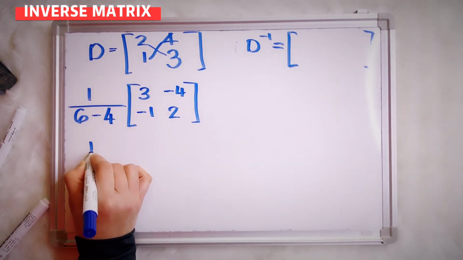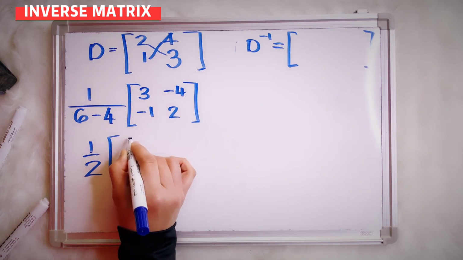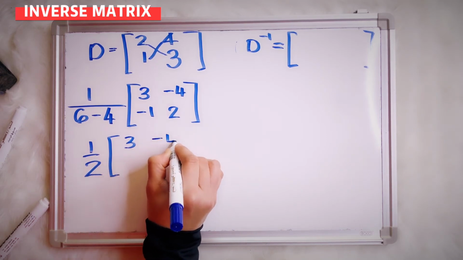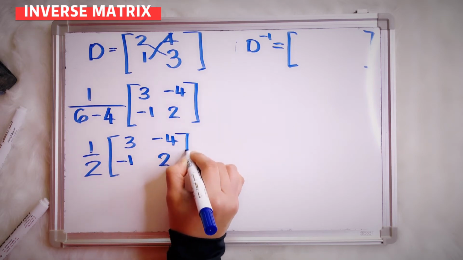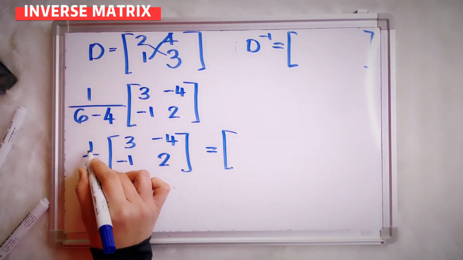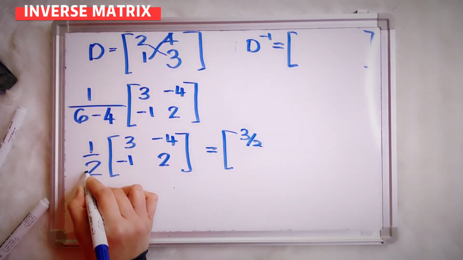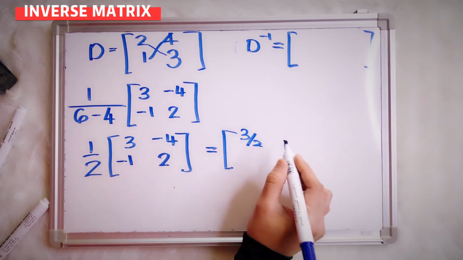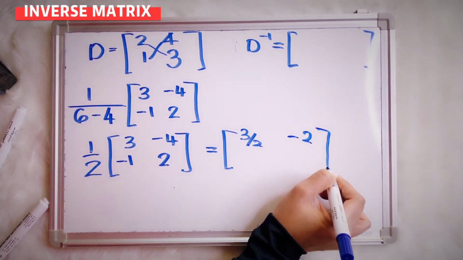Okay, now 1 over 2, you multiply with 3, negative 4, negative 1, and 2. So then, here, 1 over 2 times 3, 3 over 2. Here, 1 over 2 times 4, we have here negative 2.